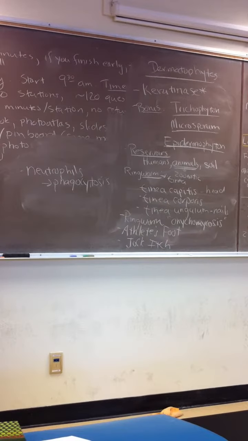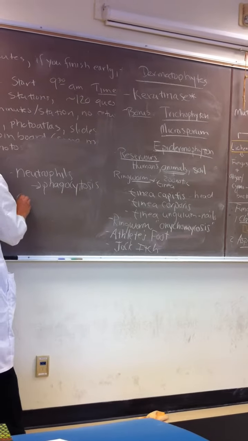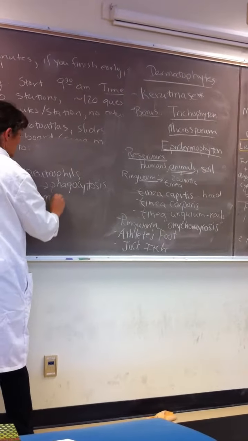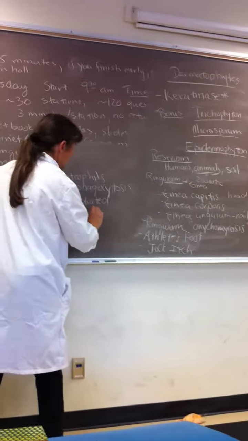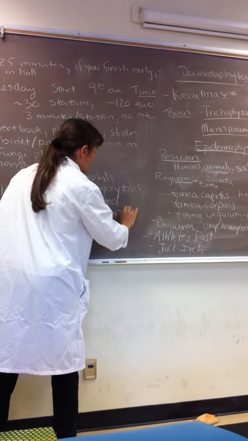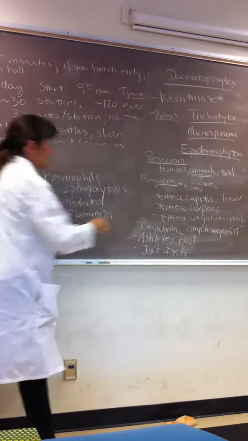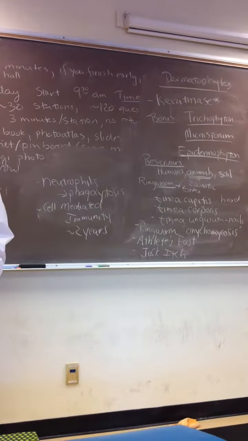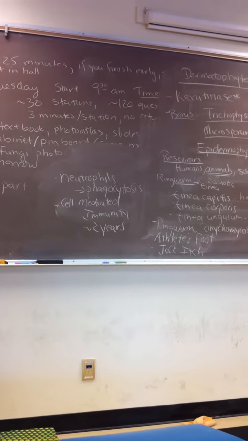Once the fungi have established an infection, then we have to rely on what's called cell-mediated immunity, CMI. For many people, it can take up to 2 years before their CMI can clear some of these fungal infections, and in many people, their CMI never can clear the infection.